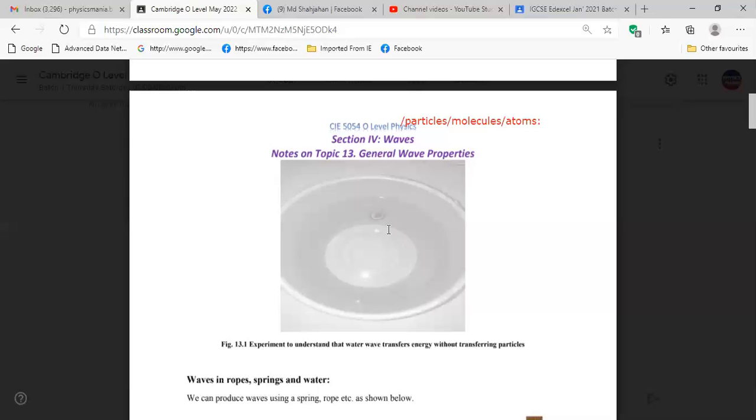So from this experiment, we see the cap is only moving up and down, but not changing its place to the right side or left side. So from here, we understand the waves are transferring energy without transferring the matter, without transferring the particles.